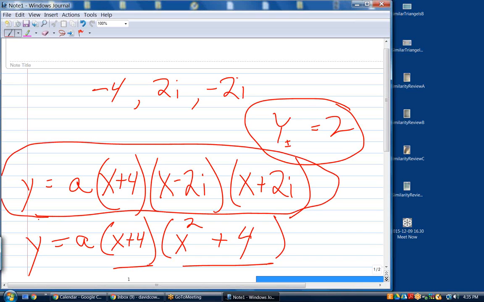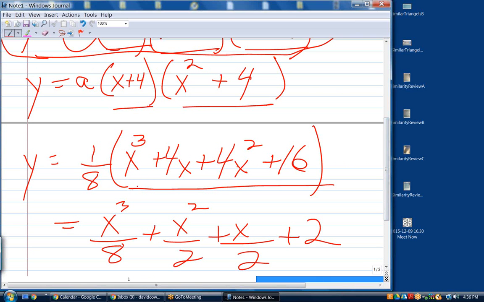Remember that the standard format is this. If you give me the three zeros, then I can create three linear factors, 1, 2, 3, and know that the polynomial is going to be some constant times those three factors. This is like my general formula for these three zeros. After I multiply that by that by that, I get this polynomial.